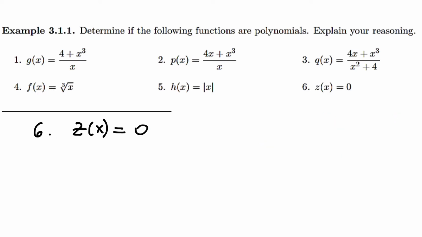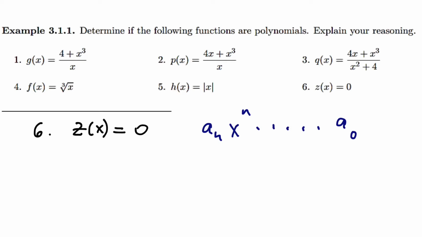All right, number 6, z of x is equal to 0. So if you look at the standard form of a polynomial equation, so the coefficient times x to the highest degree, and then whatever middle terms you've got all the way down to the constant term on the end.